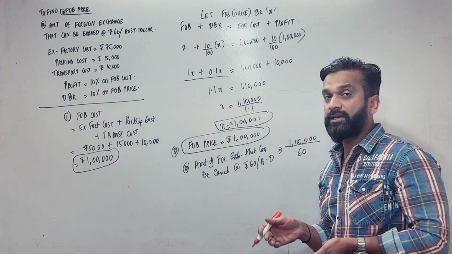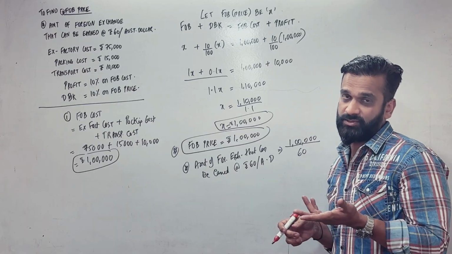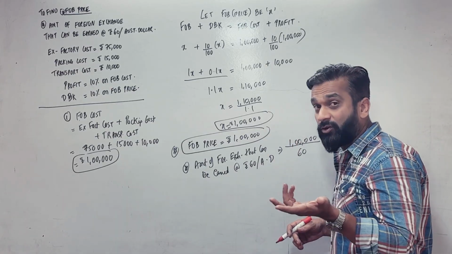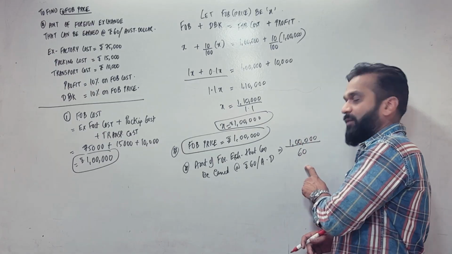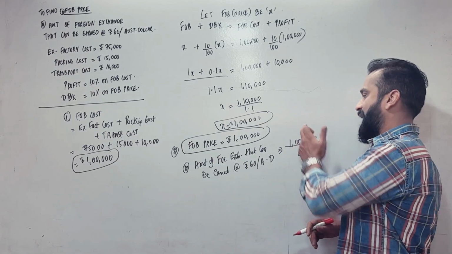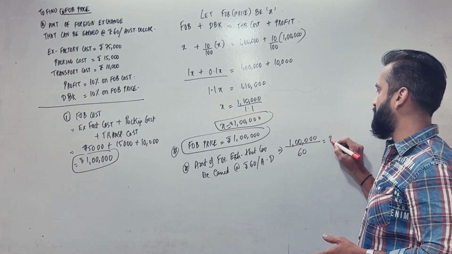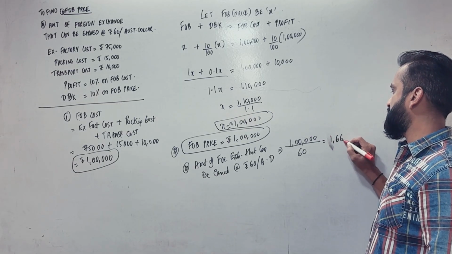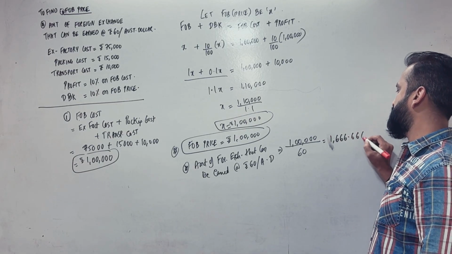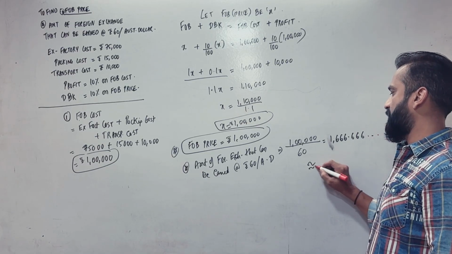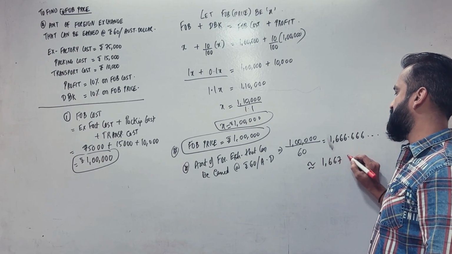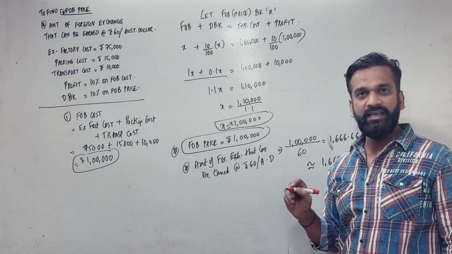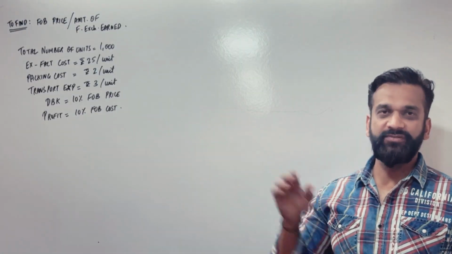So I have got FOB price is 1 lakh. So 1 lakh rupees is how many dollars? So 1 lakh divided by 60, rate is 60, right? You will get something around 1666.666666. That is approximately 1,667 Australian dollars. Is this clear?